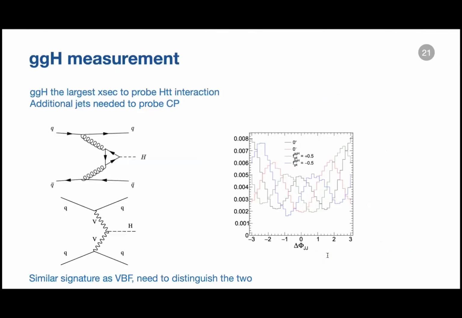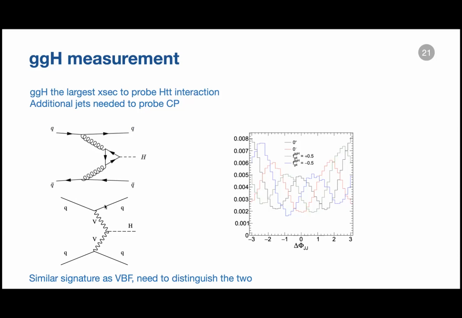And then people further investigate more production modes or more vertices, that is gluon fusion. So we all know that gluon fusion comes dominantly from the top loop. And this is why people use it to constrain the Higgs top Yukawa coupling.